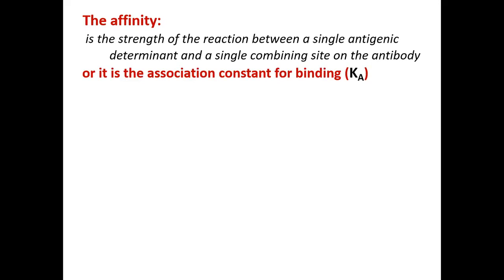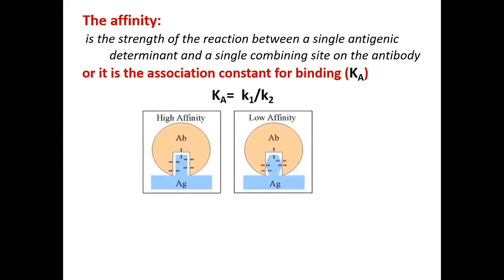This is associated with a binding constant, which can be constant 1 or constant 2, and that is high affinity. In some cases you'll see that some people will have high affinity, others low affinity. What do we mean by this?